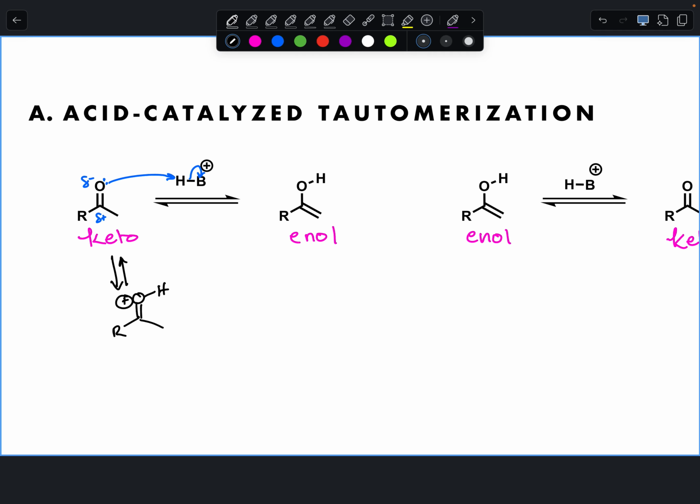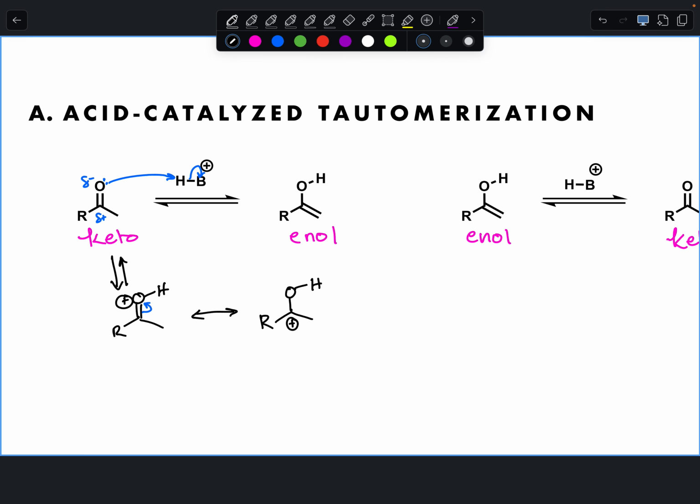Our pKa scale only really goes up to 14, so we have to extrapolate beyond that. Does anybody know what the pKa of an alcohol is around? We're talking about water. It's pretty close to water. It's usually between 15 and 18, depending on what the R group is. So I'm just going to say this is a pKa of about 17, just to kind of pick a spot in the middle.